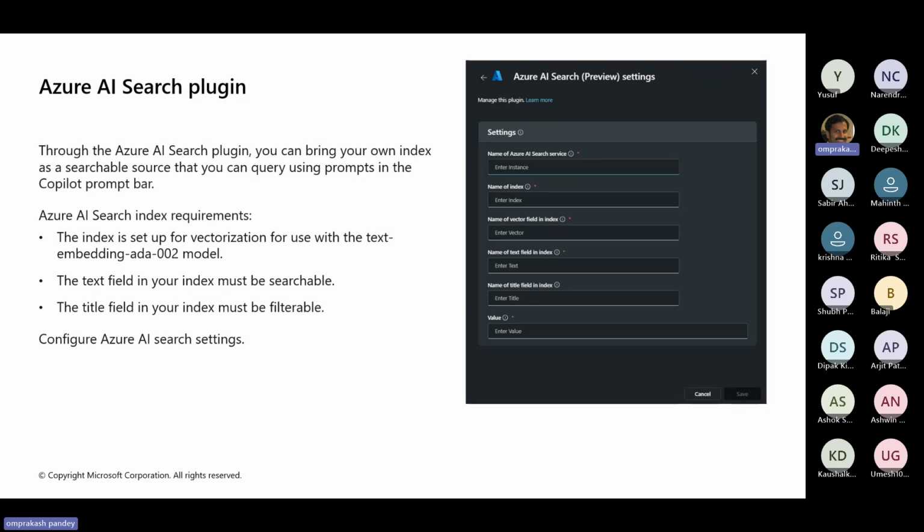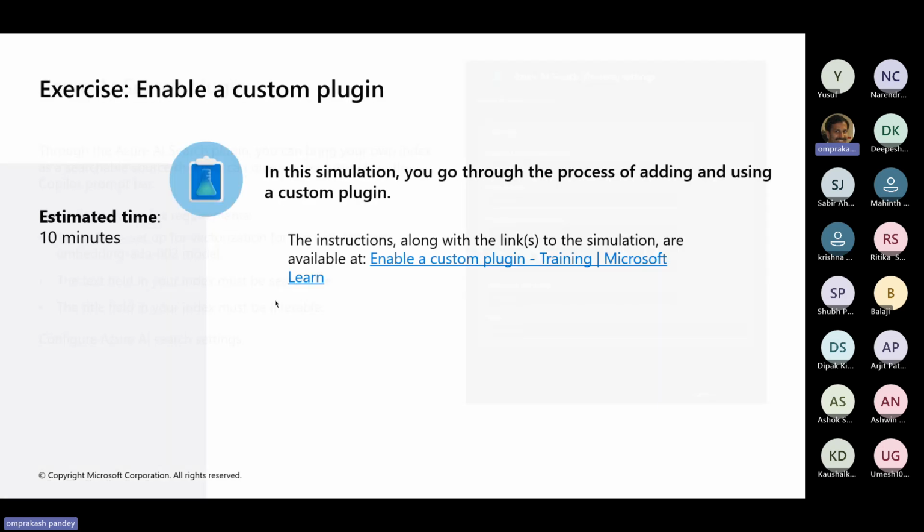Please be aware that this AI Search service is expensive in nature. This has to be configured with an appropriate model. So what you will require over here is Azure AI Search plus the model details on Azure Foundry that you are mapping over here. That information has to be provided.